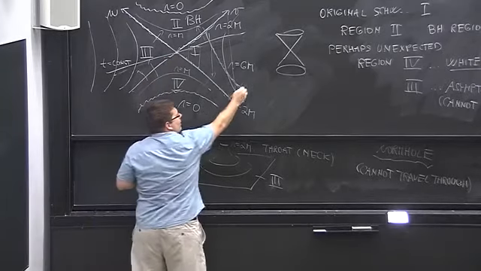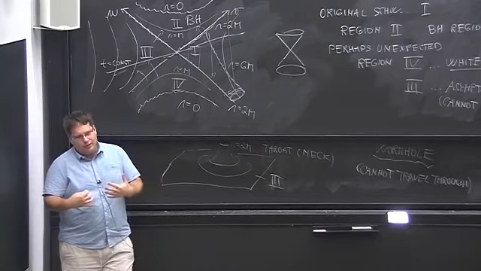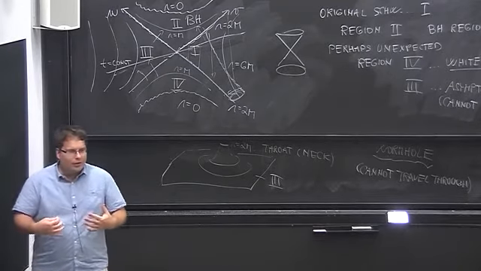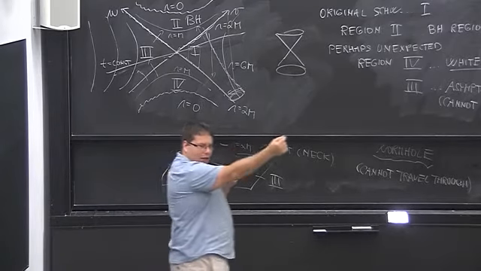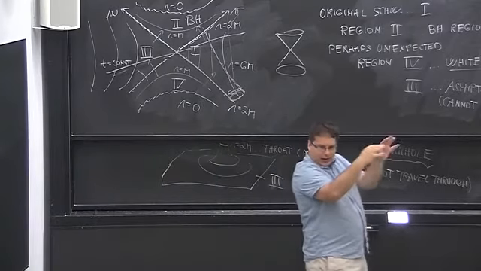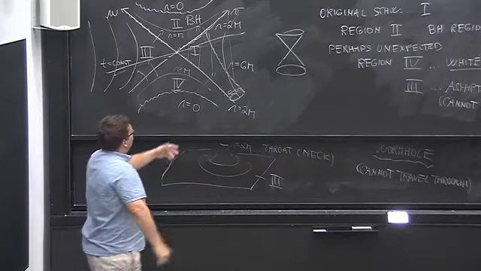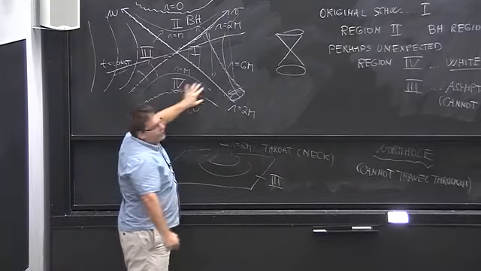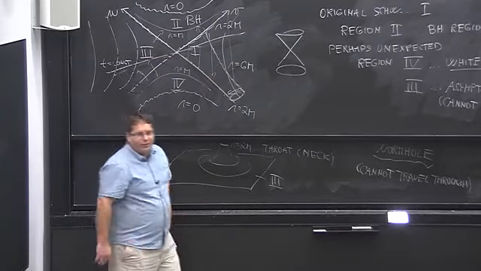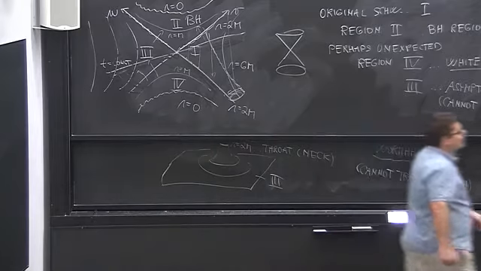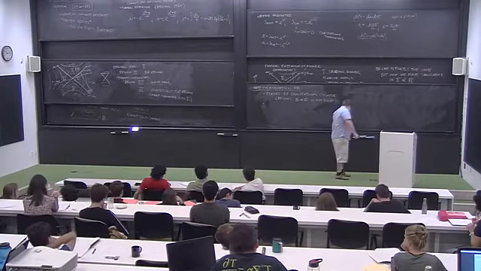So whatever is underneath doesn't make any physical sense because it has to be replaced by the interior solution of the star, right? So I start with some solution of the star, which means outside I have Schwarzschild, but inside I have some interior solution. Now the star starts collapsing, but everything on this side is hidden underneath the surface of the star, and it's never physical. So that's the idea.